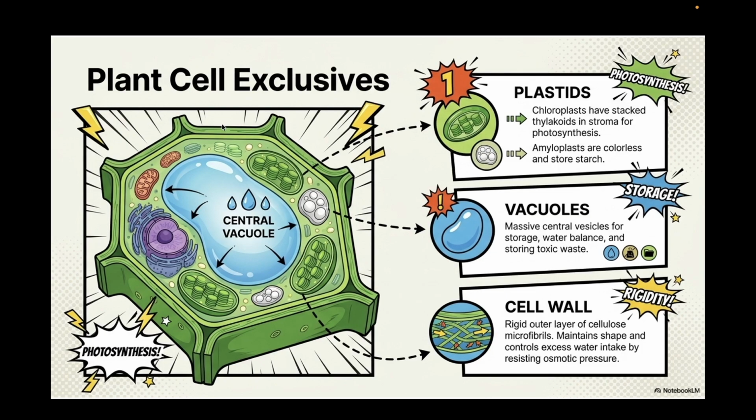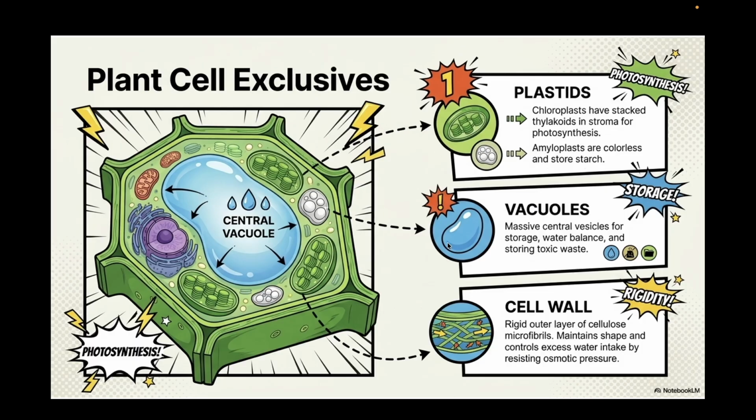Now plant cells. There are some exclusive organelles present in plant cells, such as plastids. Chloroplasts have stacked thylakoids in stroma for photosynthesis. These plastids are of two types, chloroplast and amyloplast. Amyloplasts, on the other hand, are colorless and store starch.